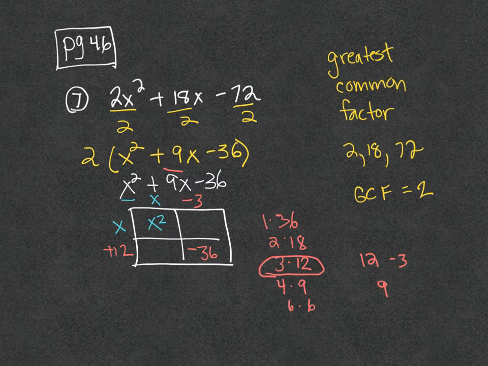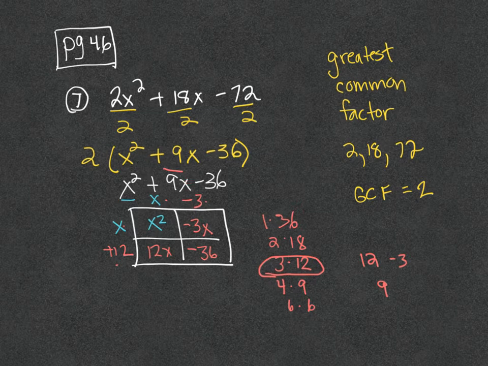And so when I multiply this times this, it's going to be a positive 12x. And when I multiply this times this, it's going to give me a negative 3x. And so when I go to combine like terms here, when I go to look at my check here, this is x squared, which is what I wanted it to be. 12x and a negative 3x will be a 9x, which is what we wanted. And then here's our negative 36, which is what we wanted.